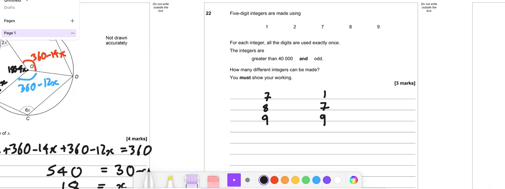So, starting with a 7, we've got 2 ways. Two ways we can get the last value.